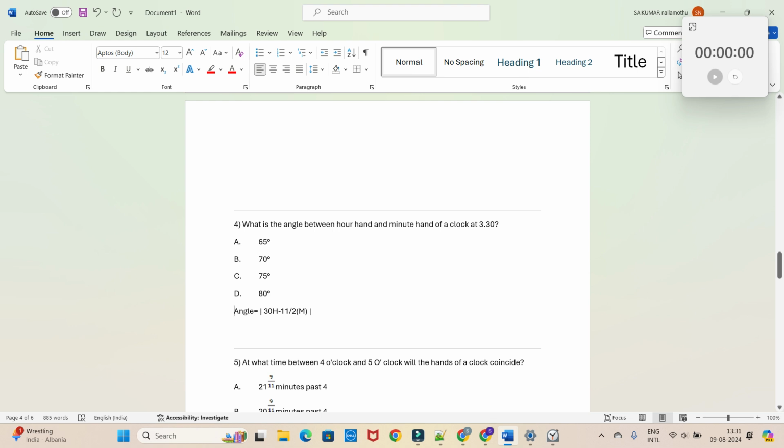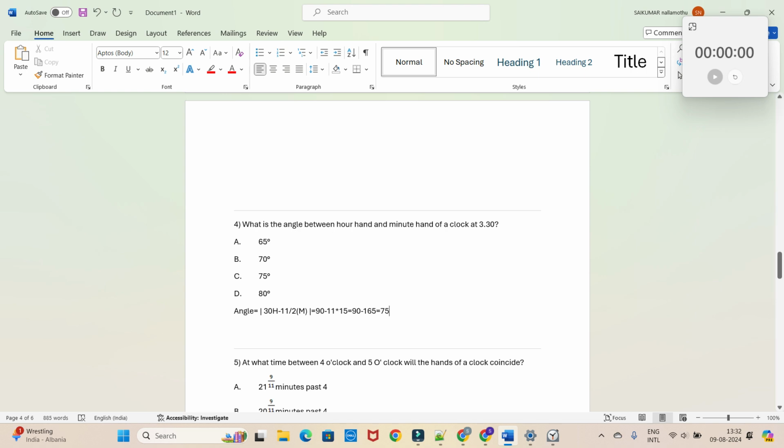So that would be 90 minus 11 by 2 into 30, that is 15 times 11, which is 165. 90 minus 165 is equal to minus 75.